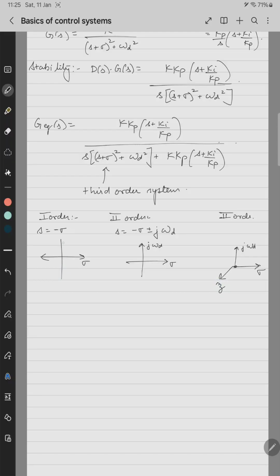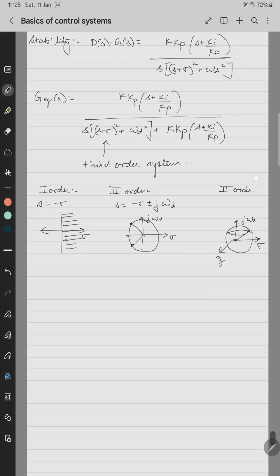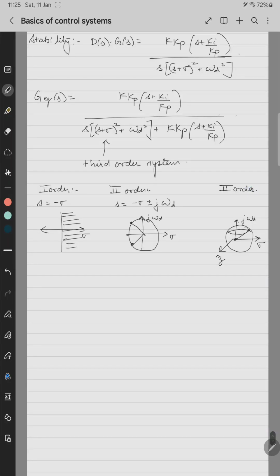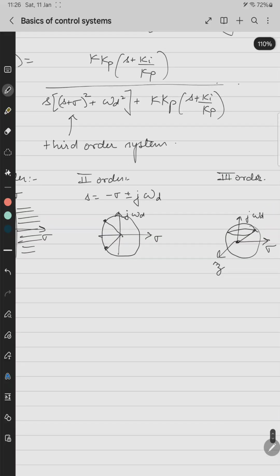Here S equals 0 was a linear curve, just a plane. S equals sigma plus J omega is a complex vector, and if you compute a circle, it will be a circle in 2D. Here it will be a point, and here it will be a 3D sphere. So it is a sphere, third order.